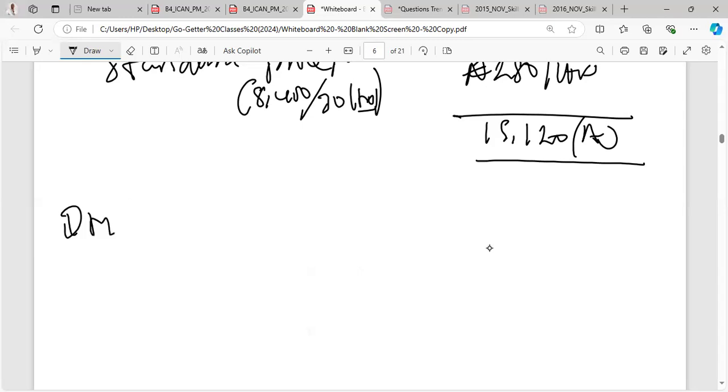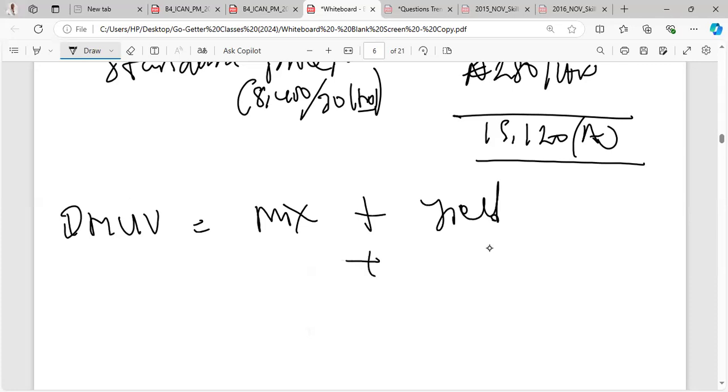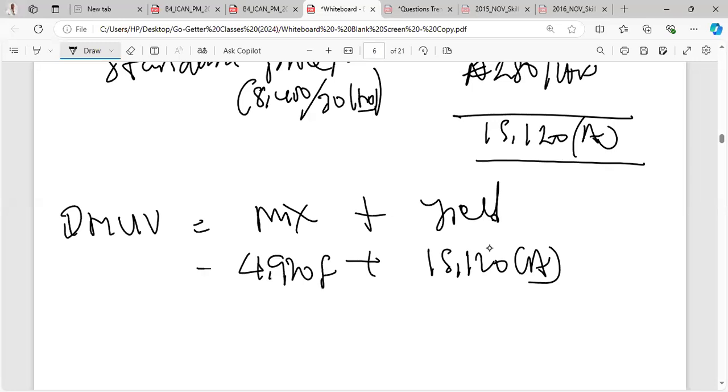So we now say direct material usage variance is mix plus yield. Your mix here is 15,120 adverse. This is 4,920 favorable. Add them together.